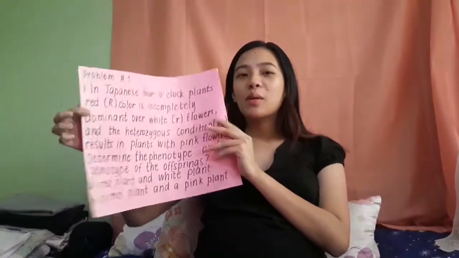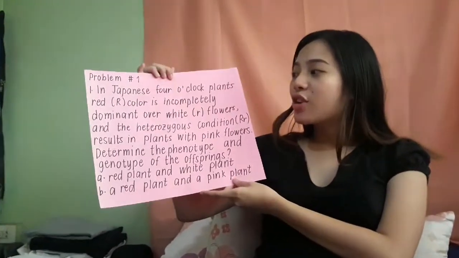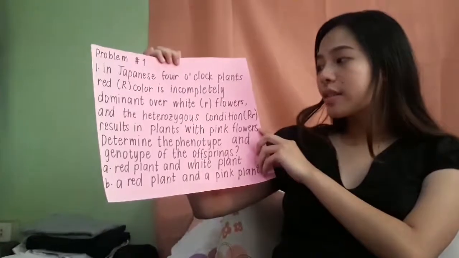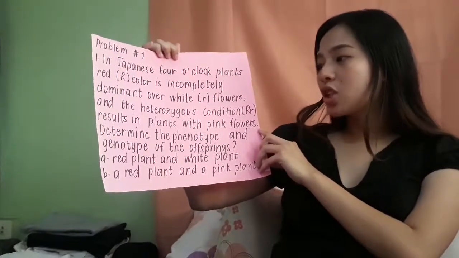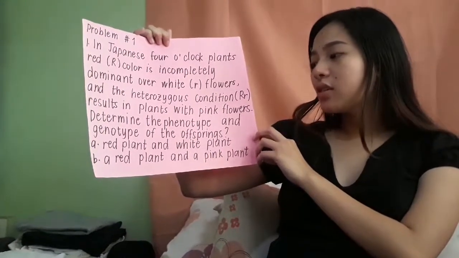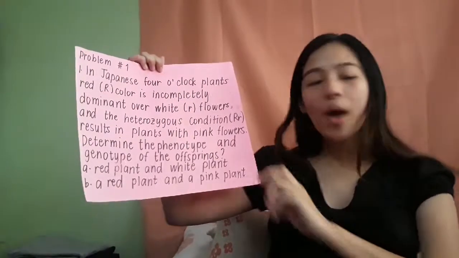We have problem number 1. In Japanese four o'clock plants, red color is incompletely dominant over white flowers, and the heterozygous condition results in plants with pink flowers. Determine the phenotype and genotype of the offspring. A. Red plant and white plant.